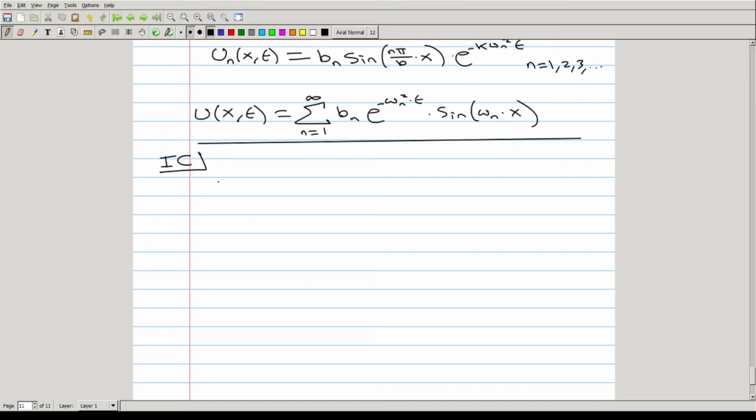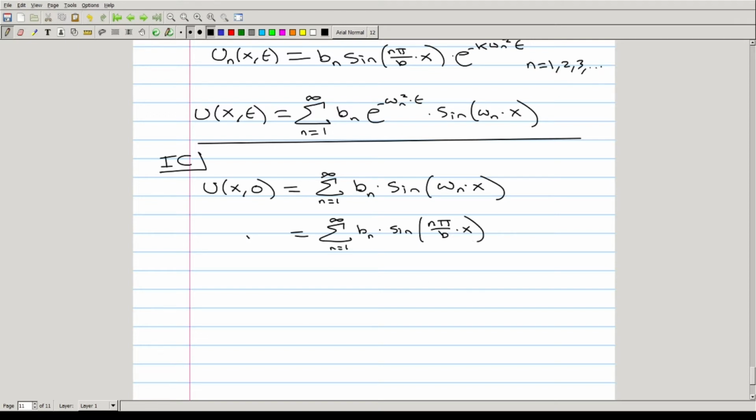The initial condition here is u at x, 0 equals the summation from n equals 1 to infinity of bn times e to the 0, which is 1, times sine of omega n times x, or, if you will, the summation from n equals 1 to infinity of bn times sine of n pi over b times x.